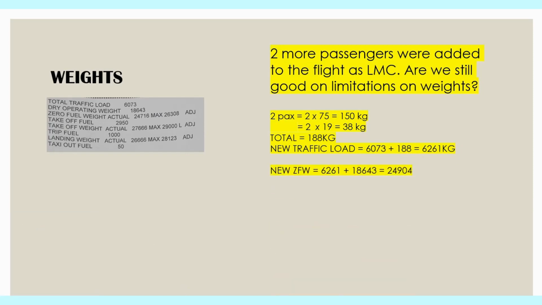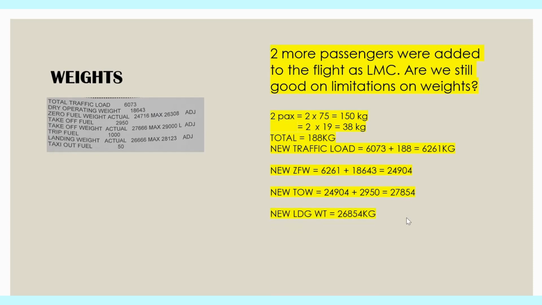For the new zero fuel weight, you will have to add 6261 to 18643. This figure remains constant. The new zero fuel weight should have gone up, but it is still below the maximum. The new takeoff weight will be the new zero fuel weight plus the trip fuel, and it also has to go up because you've added, but again it is below the maximum takeoff weight.